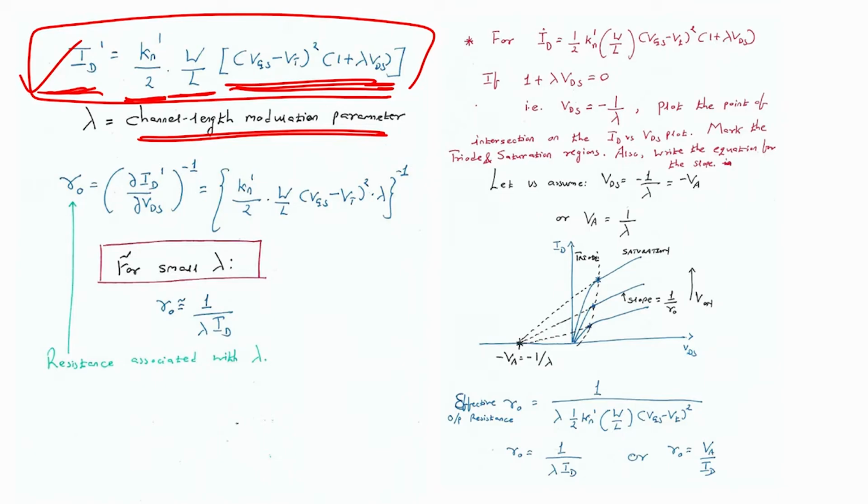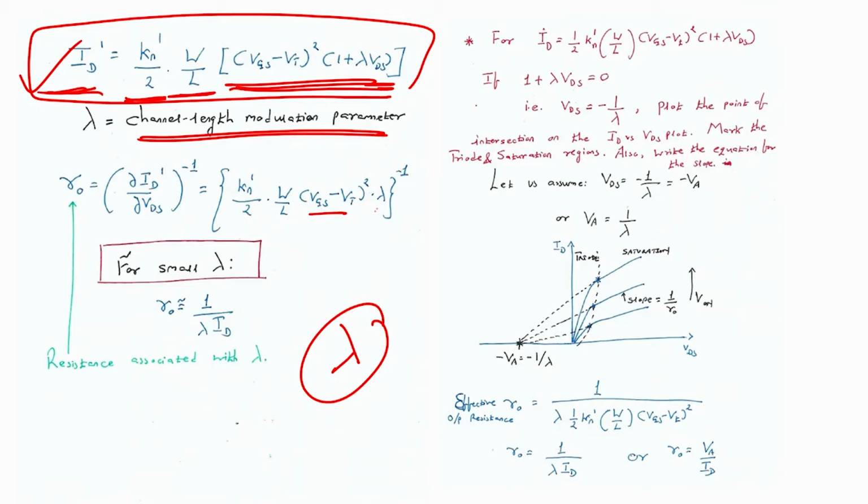Now, if I want to see what is RO, there is a resistance associated with my lambda, which is my channel length modulation parameter. It is given by the inverse of d ID dash by d VDS, which equals Kn by 2 (VGS minus VT) into lambda, whole inverse.